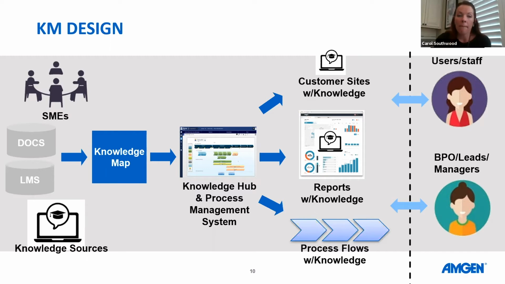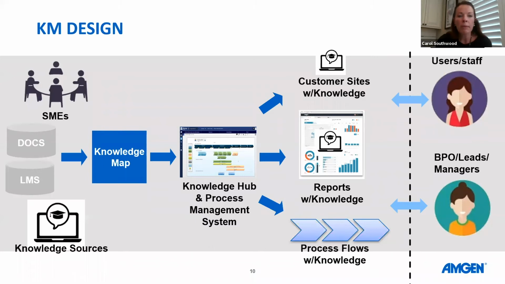That knowledge map, we've been able to upload, more or less, into a knowledge hub. The knowledge hub that we use is called IServer. It's a process management system. It's Visio based, but those processes, the level 1, level 2, level 3, each have attributes: the roles, the systems, the inputs, the outputs.